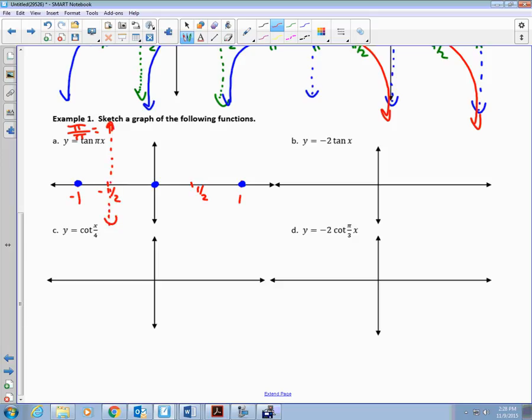So it's undefined halfway in between. Does tangent start down and finish up, or does it start up and finish down? Starts down and finishes up.